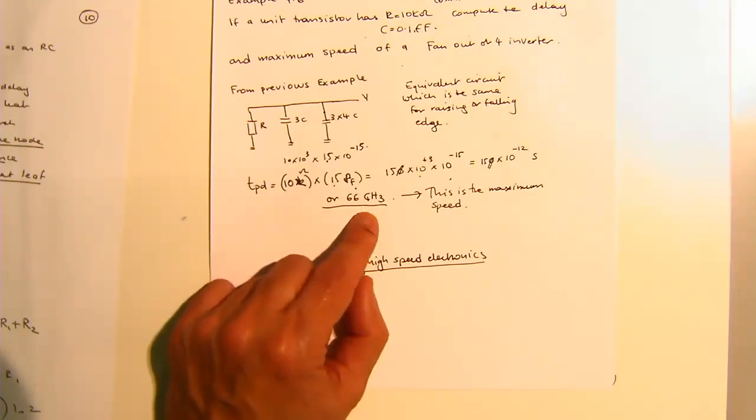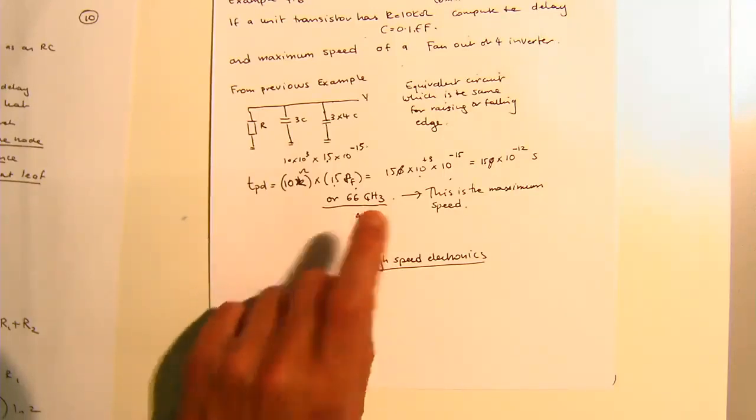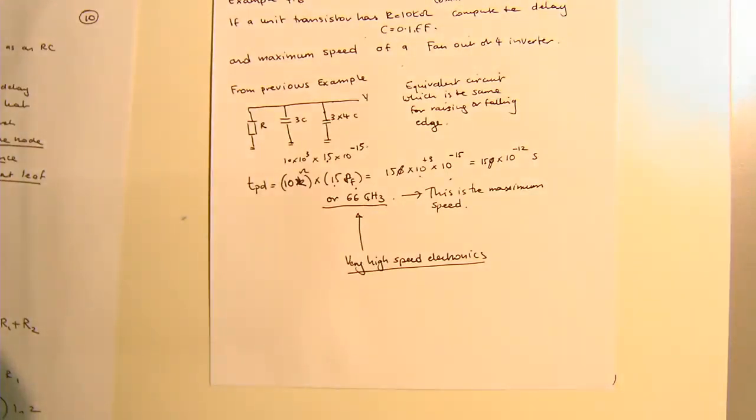You can get these circuits switching on and off at 66 gigahertz. Pretty cool, eh? No, people aren't impressed. I came from an era where megahertz was impressive, so 66 gigahertz is phenomenal.